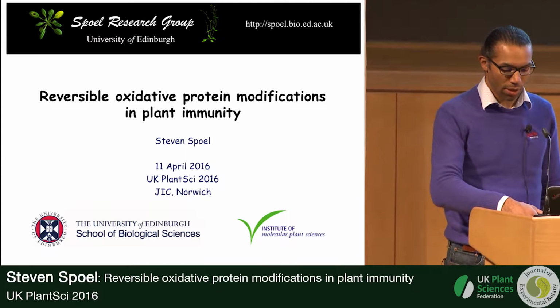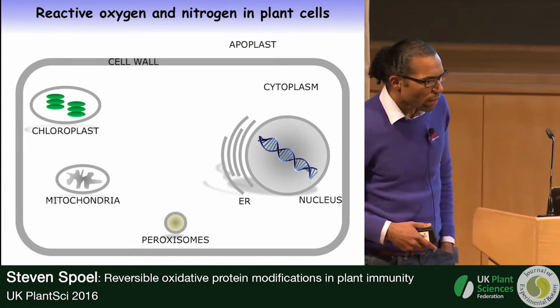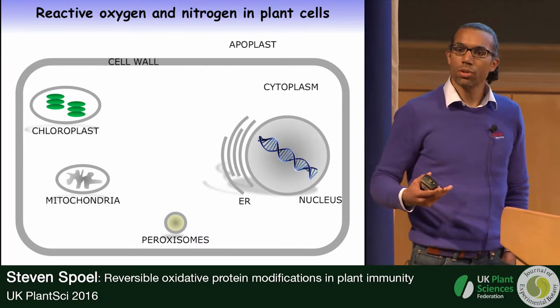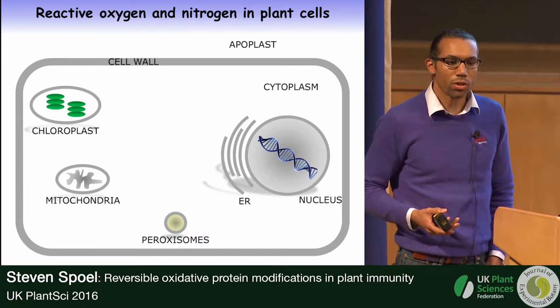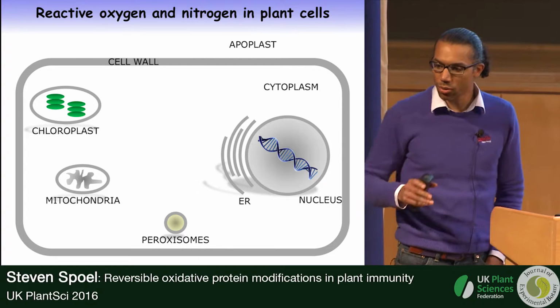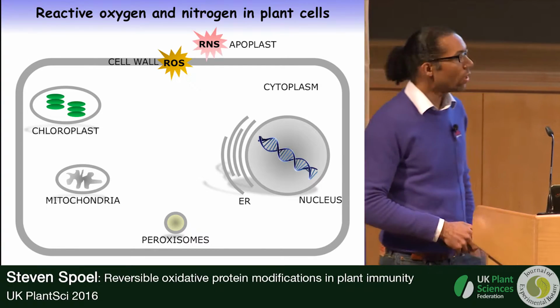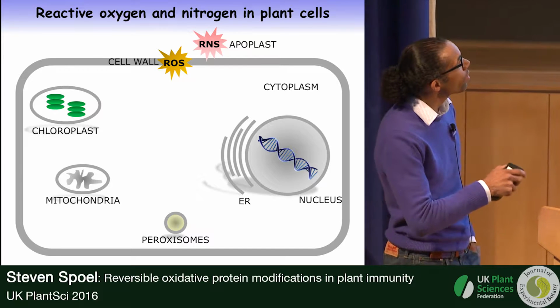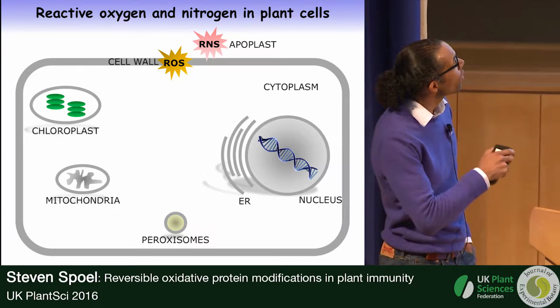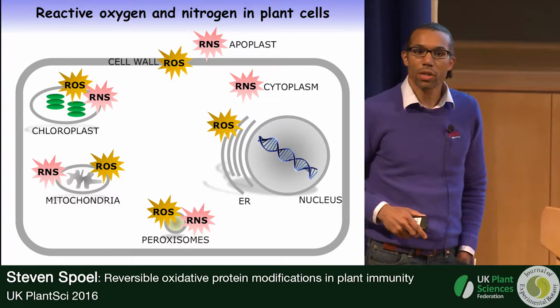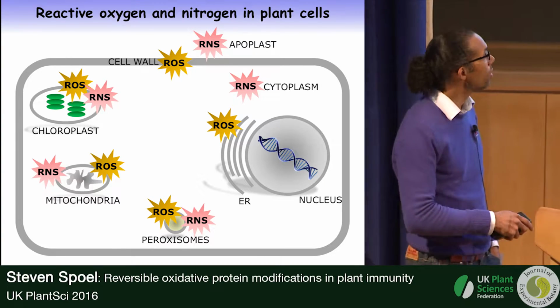in plant immunity. Now, in the cell, particularly the plant cell, there are many sources of the production of reactive oxygen and reactive nitrogen species, or ROS and RNS, as I'll call them. The cell wall and the apoplast produce a lot of ROS and RNS. Of course, the chloroplast, where photosynthesis takes place, is a hothouse for the production of these species as well.